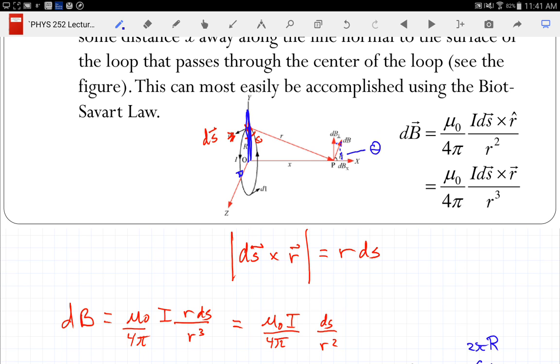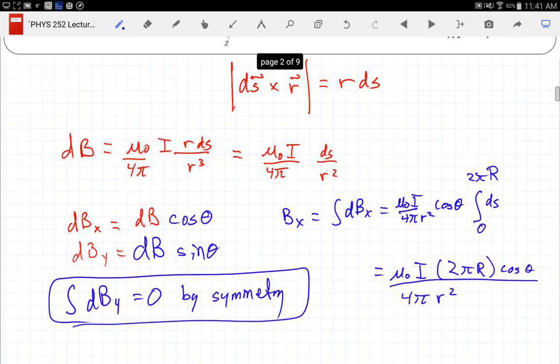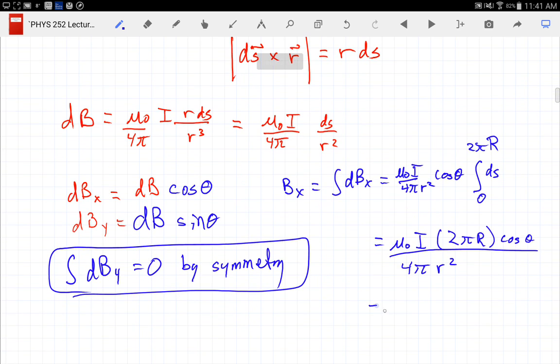Go ahead. If this is theta, then what is cosine theta? Right. So I can put into here, this is equal to, notice 2 and 4 will give me on bottom of 2.